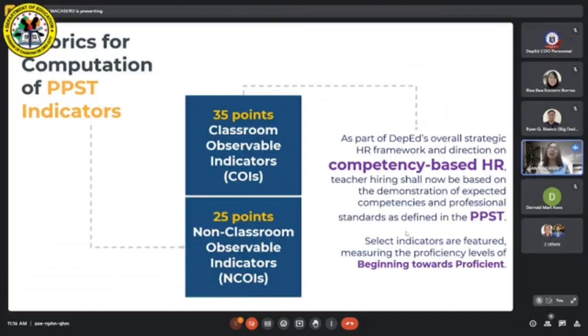So there will be select indicators featured, measuring the proficiency levels of beginning towards proficient. Not all of the indicators will be used when you are demonstrating. There will only be selected indicators out of the more than 30 indicators.